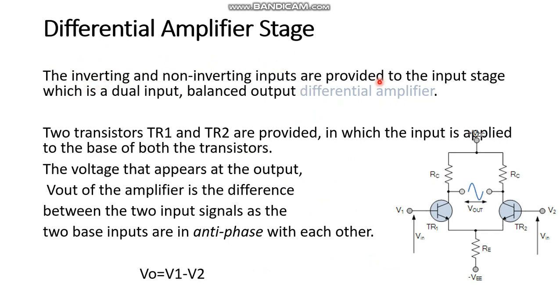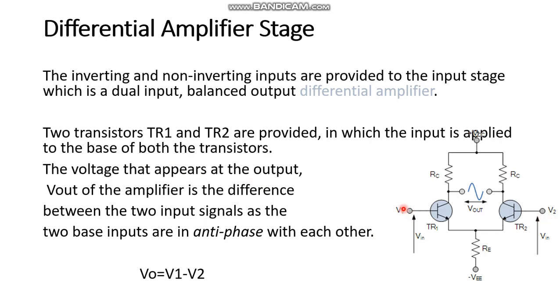The inverting and non-inverting inputs are provided to the input stage, which is called a dual input balanced output differential amplifier. Two transistors TR1 and TR2 are provided, in which the input is supplied to the base of both transistors. So here TR1 and TR2, input is applied to the base of these two transistors.